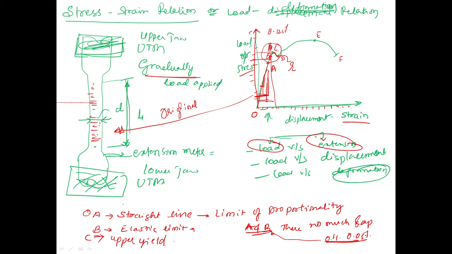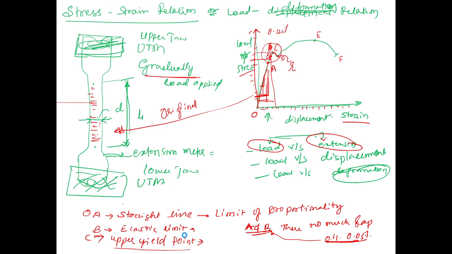As it is going to get a little higher load than point B, this is called the upper yield point. Next, point D here is the lower yield point.